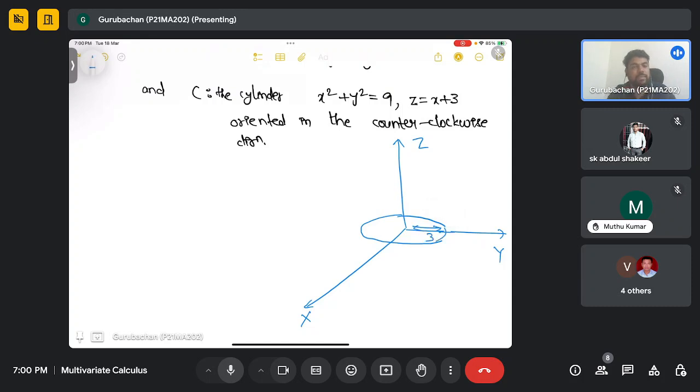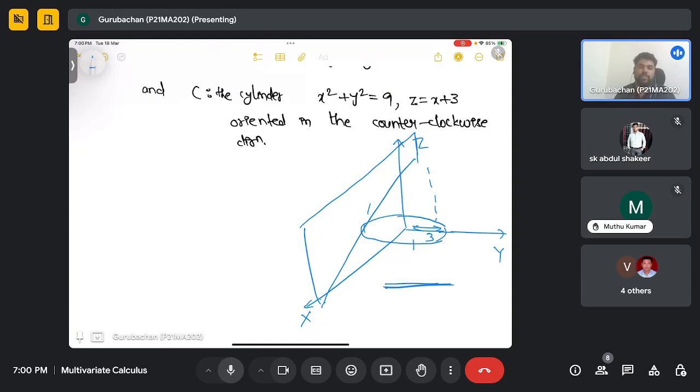And the other one is z is equal to x plus 3. So I am just roughly drawing it. It is some kind of a plane, and from here a cylinder is going on. So from this side you can say this is open from this XY region.